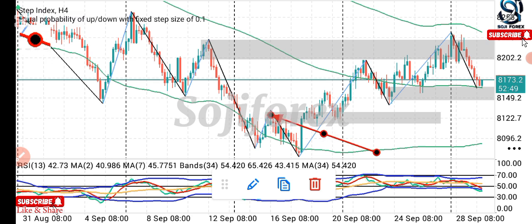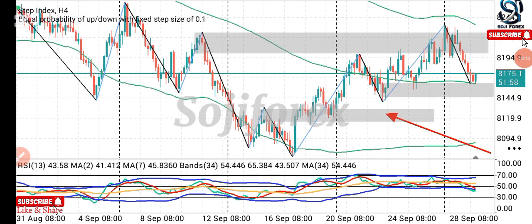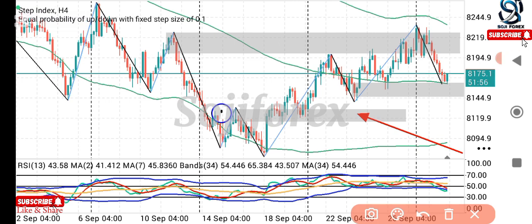Price left this zone and pushed to the downside. So let's look at this. This zone is a resistance because price left here and pushed to the downside. Now when price returns here, it is expected that price should retest it and continue to the downside because we are treating it as a resistance.